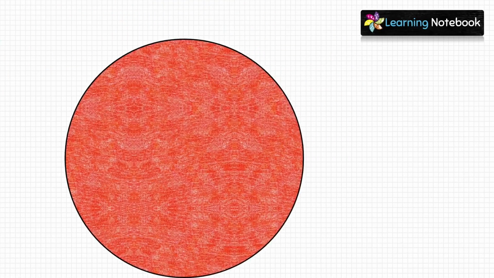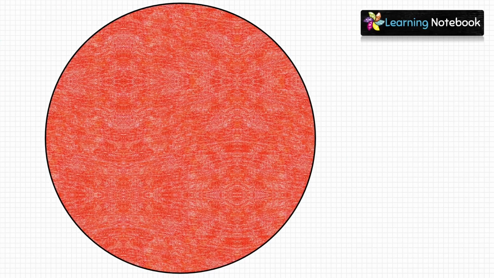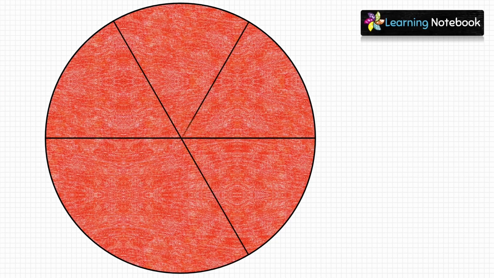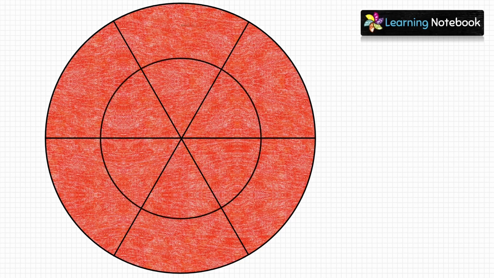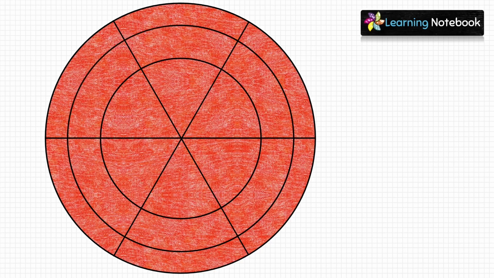Now let's take the red circle. We will divide this circle into 6 equal parts, each of 60 degrees, and we will take help of a protractor to do so. Now students, draw concentric circles of radius 5 cm and 8 cm as shown here.